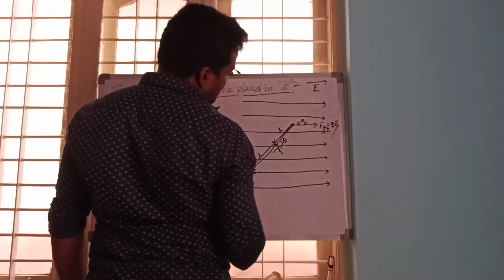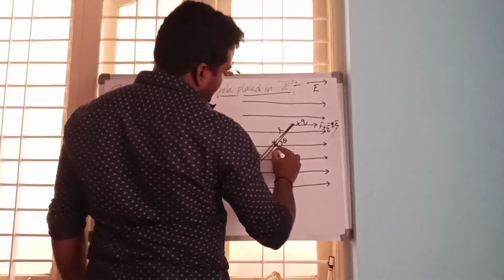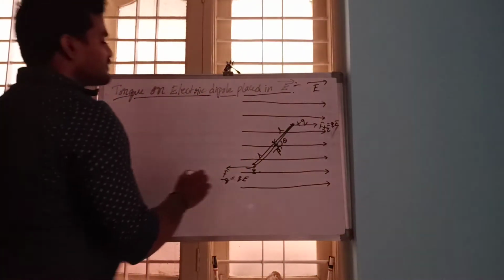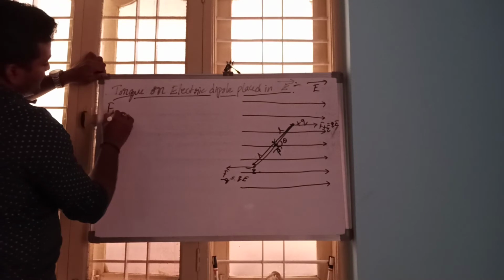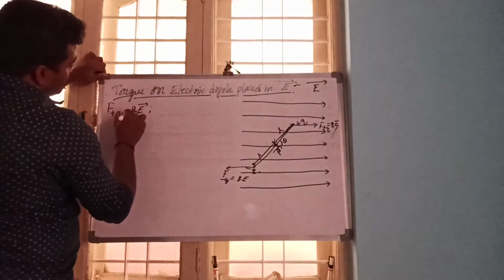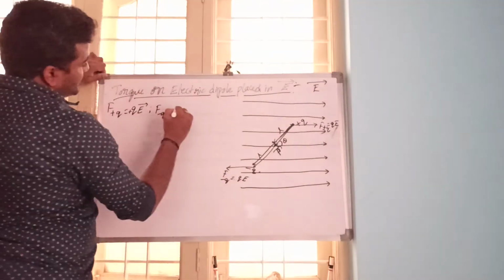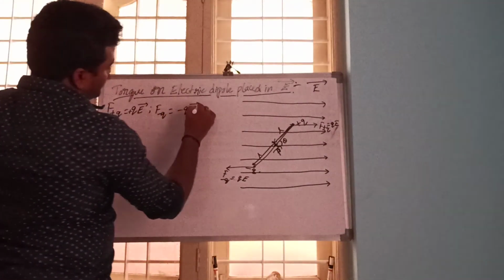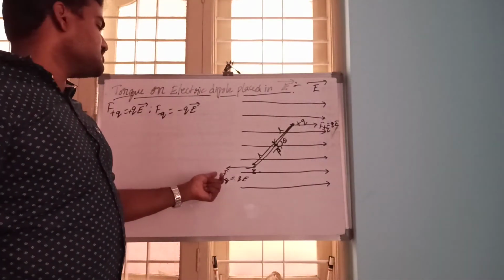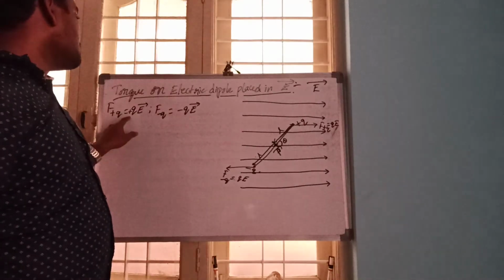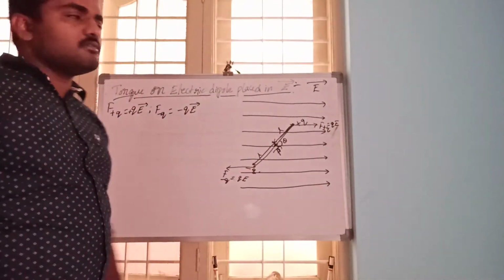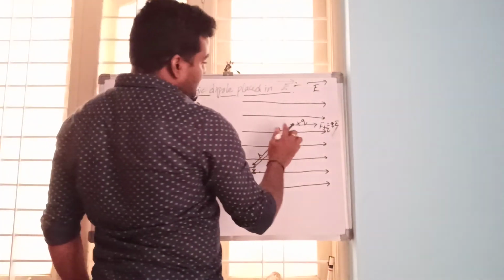So here this is the electric dipole, so this will be P bar. The force acting on charge Q will be Q E bar, and on minus Q it will be minus Q E bar. Here minus represents that the force is in the opposite direction to the electric field, and plus represents the force is in the direction of the electric field. Now this is L, right?